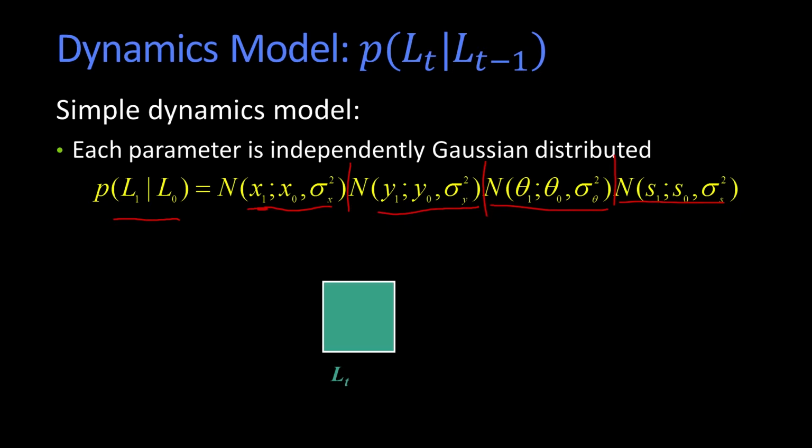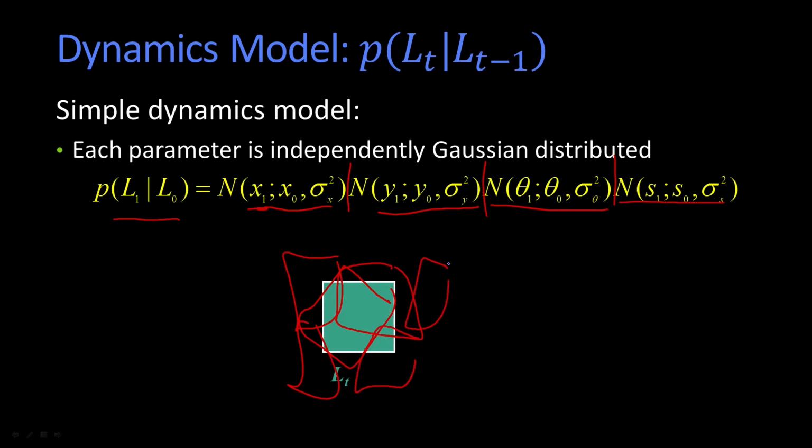So that can be illustrated like this, right? So here's LT. This is where I think the thing was at any time t. And what this Brownian motion says, well, at LT plus 1, maybe I'm right nearby, maybe I'm at the same place but oriented differently, maybe I'm over here, maybe I'm over there, where the likelihood of being in any of those locations depends upon how far I've moved.